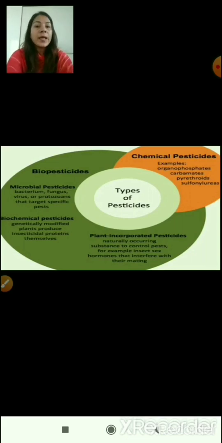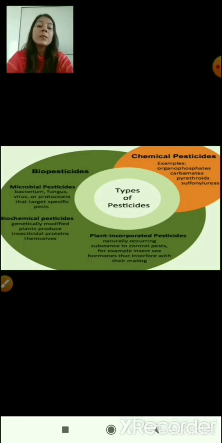So when the pest eats any part of that genetically modified plant, the toxins present in that plant kill the pest or do not attract the pest towards that particular plant, and thus we can safeguard that plant from that particular type of pest. But this practice is quite costly and it involves so much research and development.